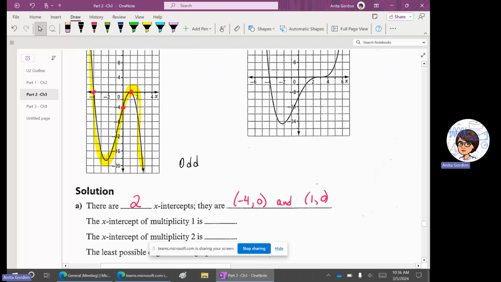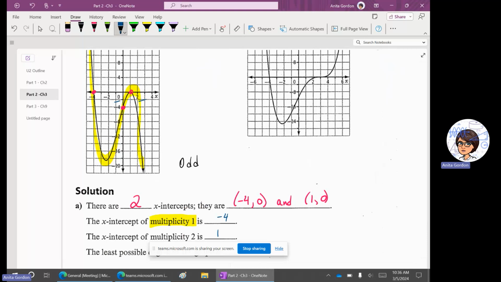The x-intercepts, what kind of multiplicity does it have? Which one has a multiplicity of 1? So an odd multiplicity means we cross over the barrier. And we can see that the -4 has a multiplicity of 1. The intercept that is at +1 touches it and comes right back.